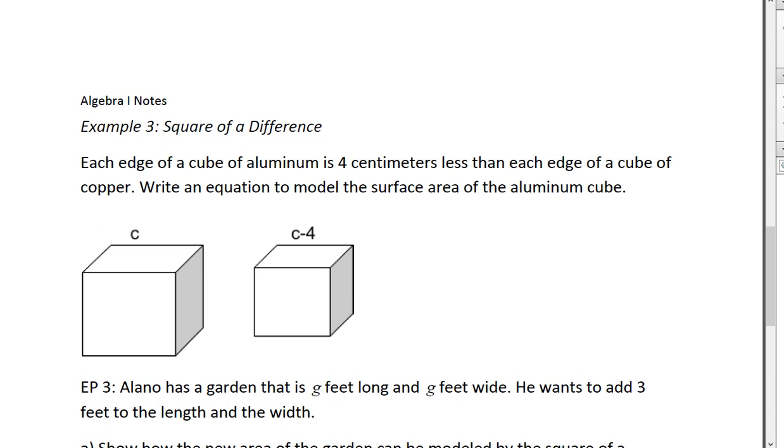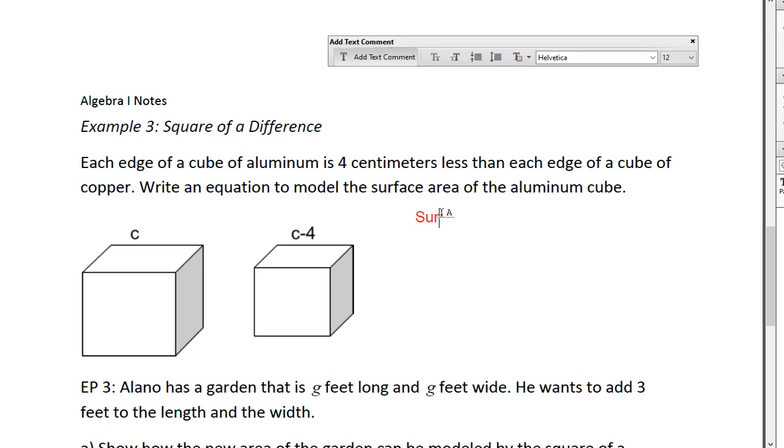So surface area of a cube is usually more complex. But because it's a cube, it's less complex. So we're going to say surface area of a cube, all of these sides are the same. So for this cube, it's really easy.